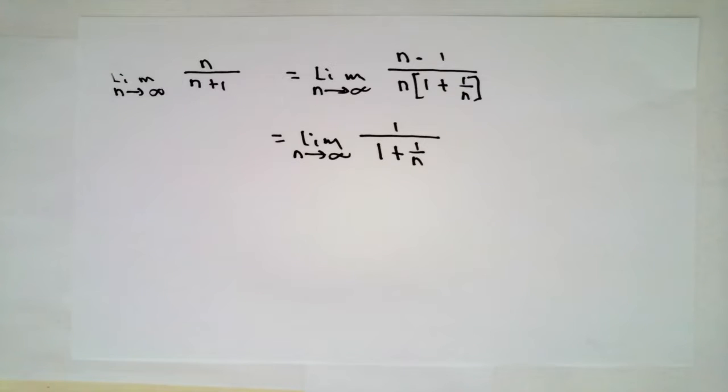The top and bottom of my fraction are polynomial expressions in terms of n. They have the same power, so I can cancel the n out.